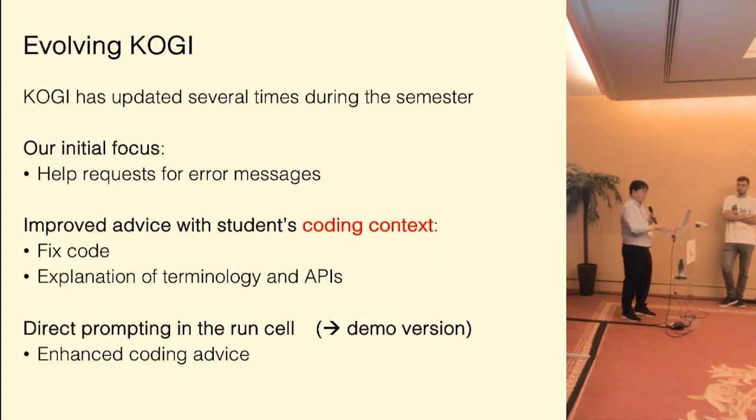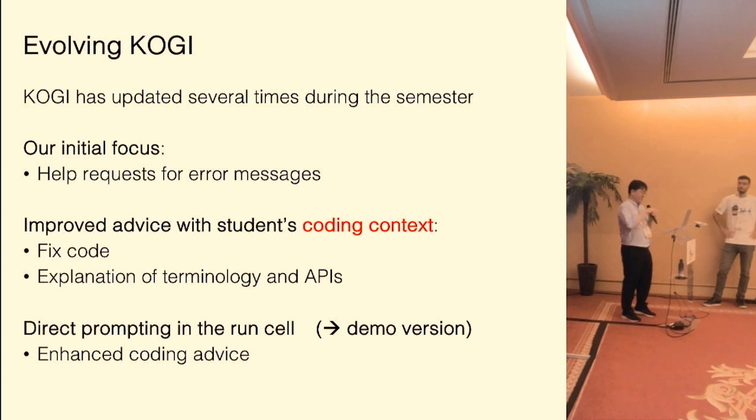So that's why KOGI is evolving, and KOGI was updated several times during the semester. Our initial focus was helping with help requests for error messages, and we provided limited functionality to students. But this limited functionality reduced the AI's accuracy.